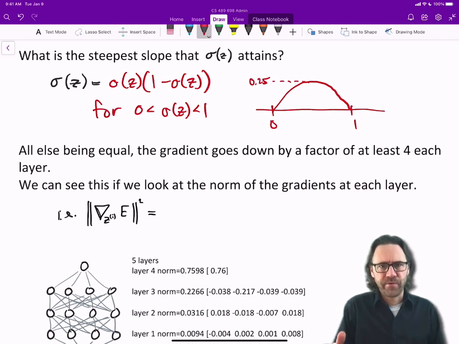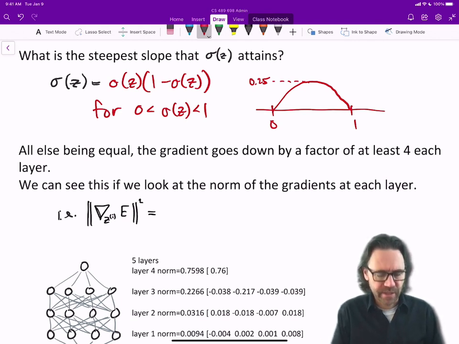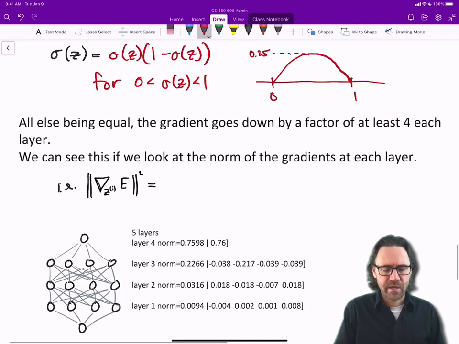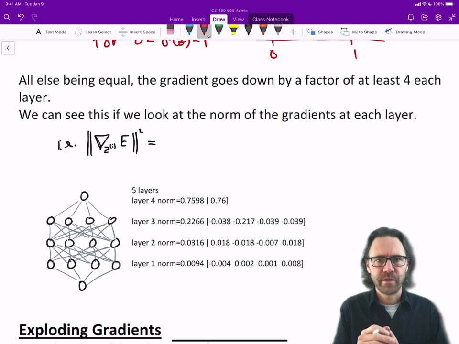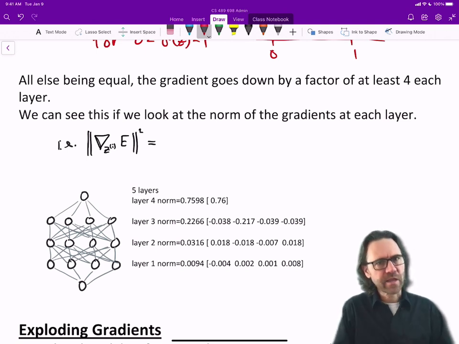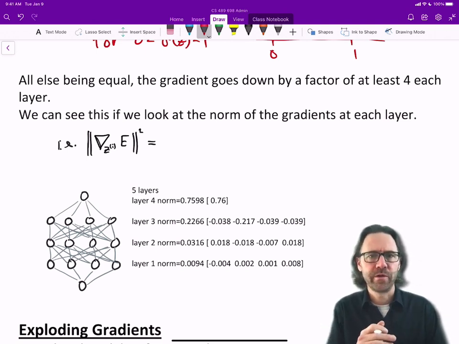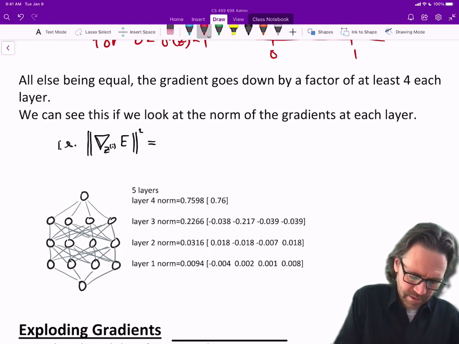So we can see this if we look at the norm of the gradients at each layer. In the exercises, I've got various demonstrations of this. But if we just look at the sum of the squared gradients at each layer, I'm writing it like this.